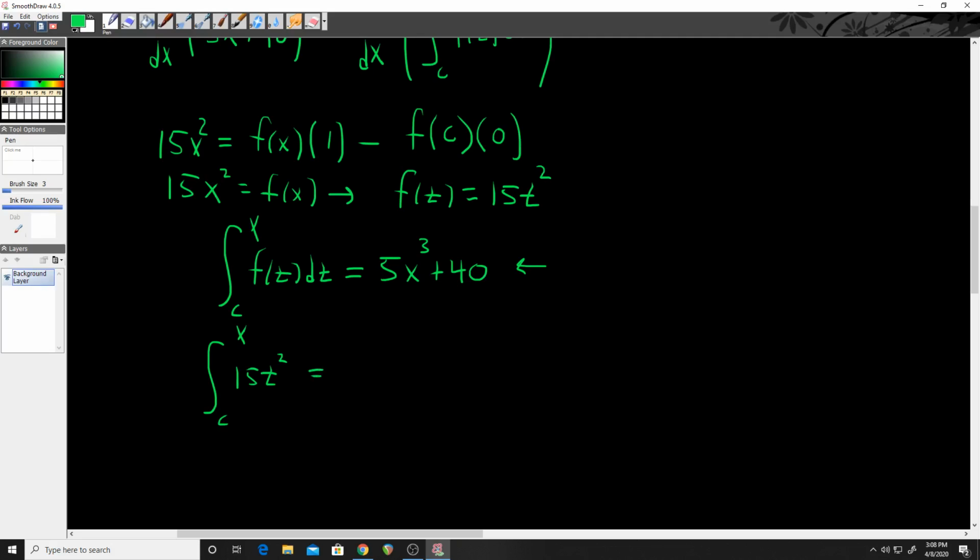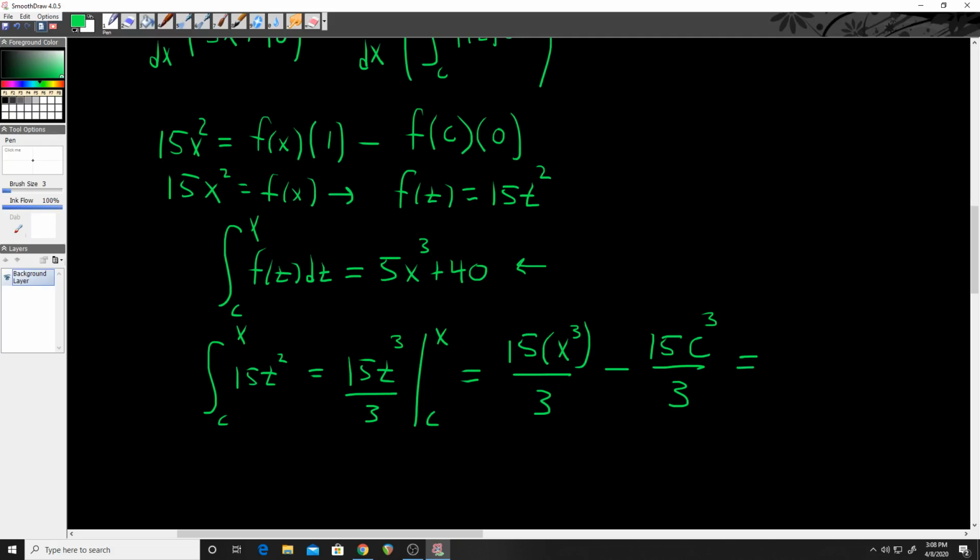If I integrate 15t squared, I'm going to get 15 t cubed over 3. That's the antiderivative, and then we're going to evaluate from c to x. So 15 x cubed over 3 minus 15 c cubed over 3.